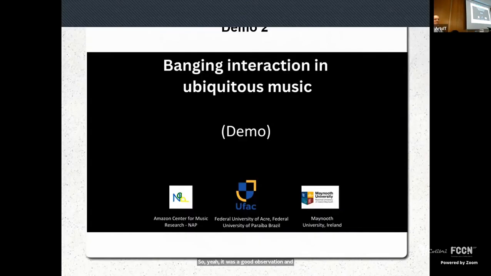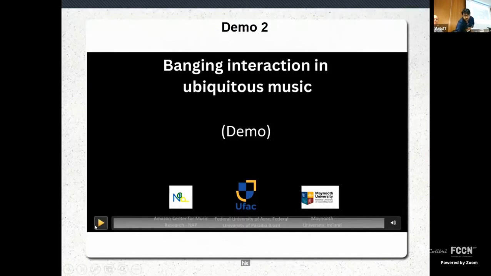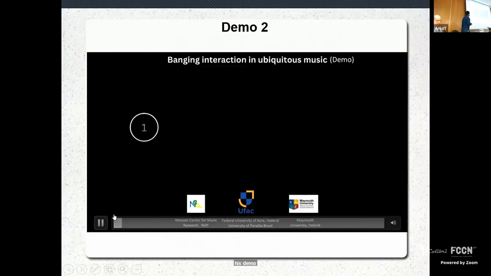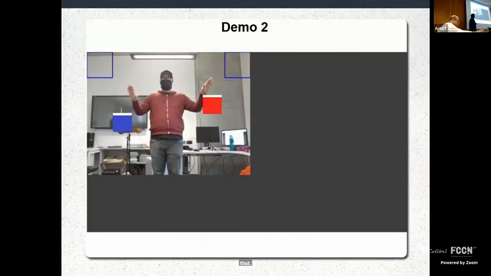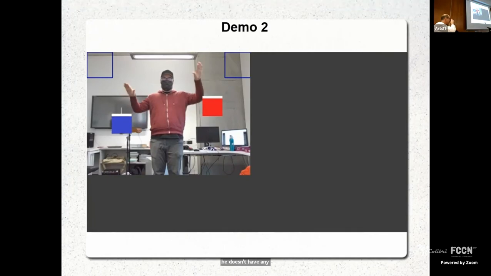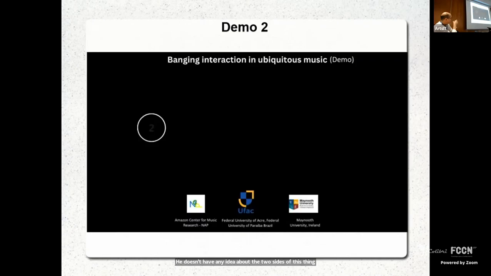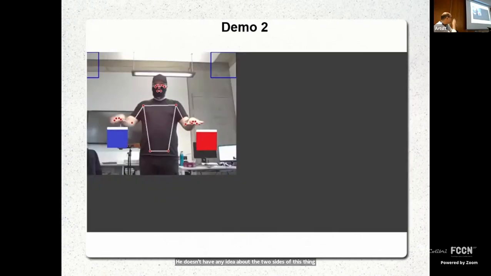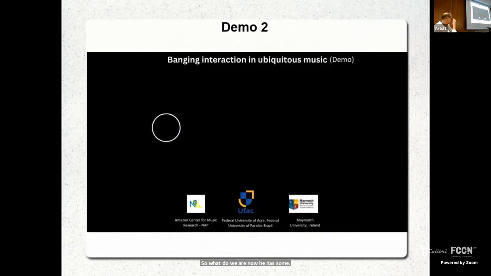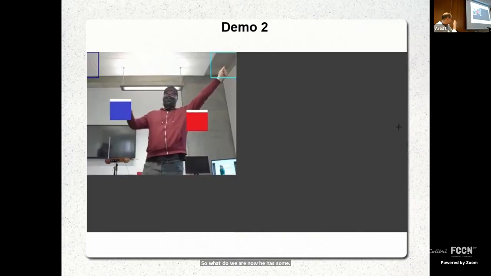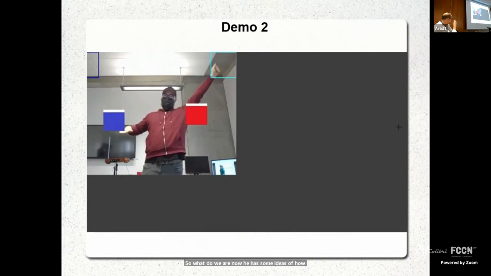And then we have this demo. Over here, he doesn't have any body landmark, so he doesn't know what is going on, how it is tracking. He doesn't have any idea. The two side boxes are what he can use to put the drum kit in any position. Now he has some idea how things are working. In this one, he can position the drum machine according to his wish and play.